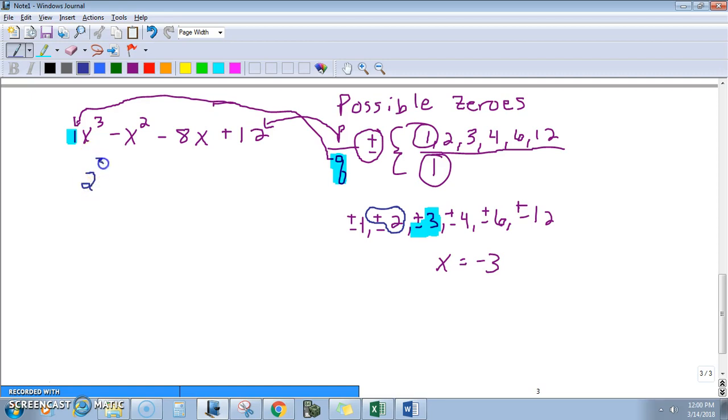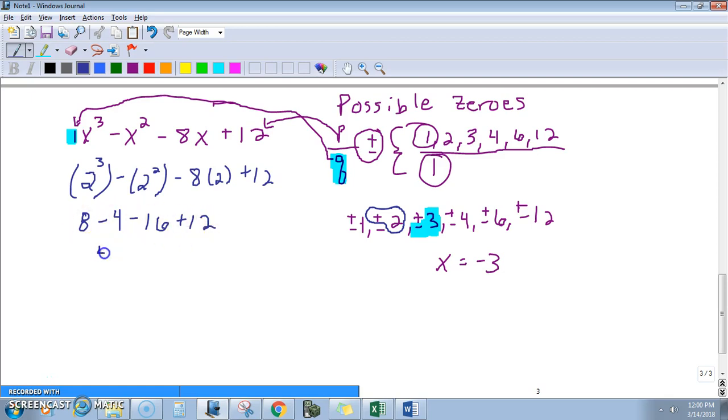So I have 2 cubed, minus 2 squared, minus 8 times 2, plus 12. 2 cubed is 8, minus 4, minus 16, plus 12.